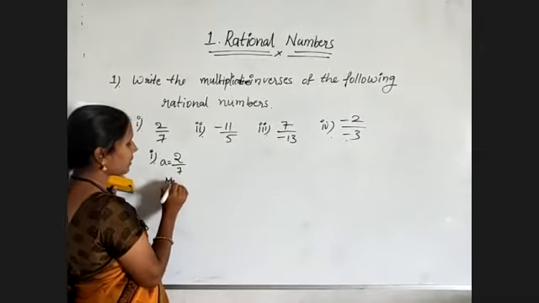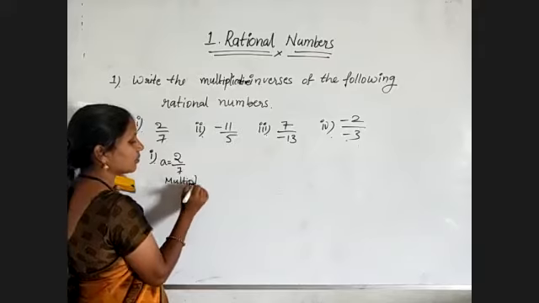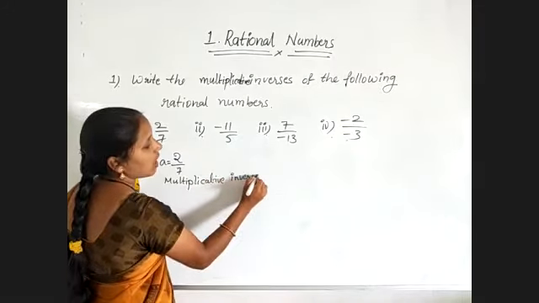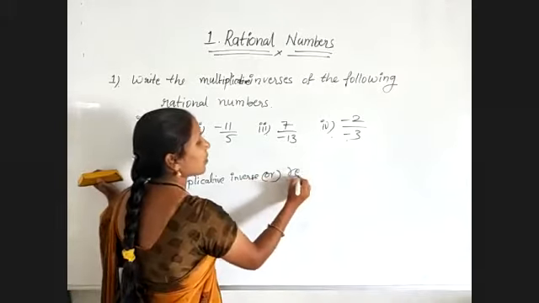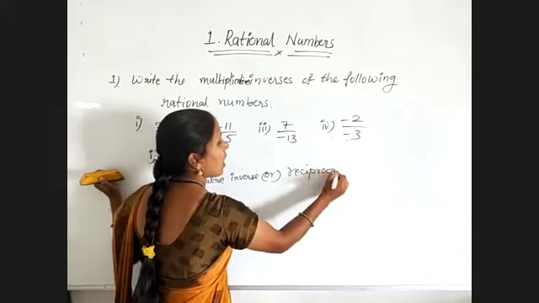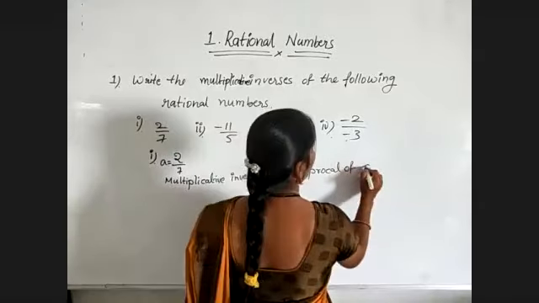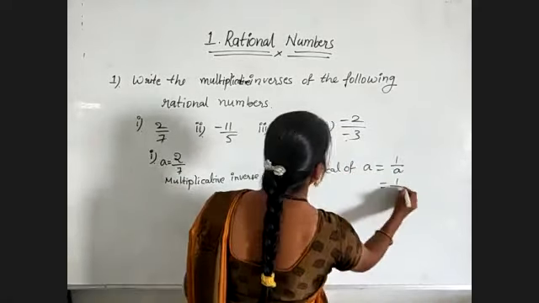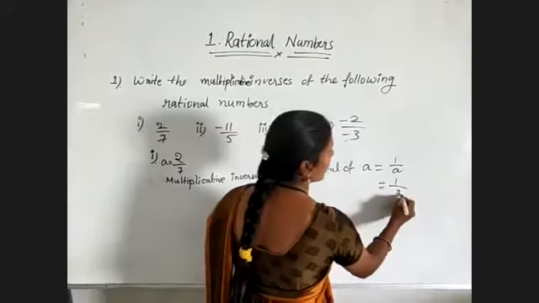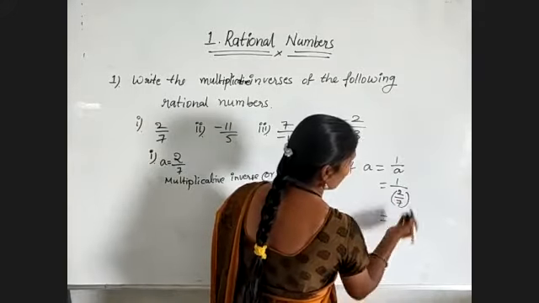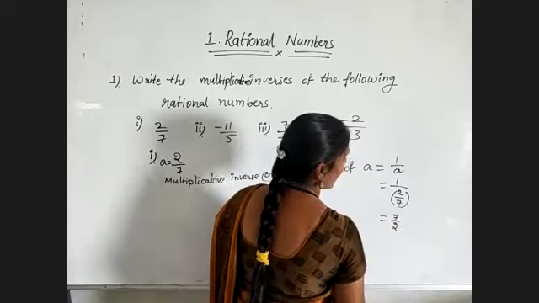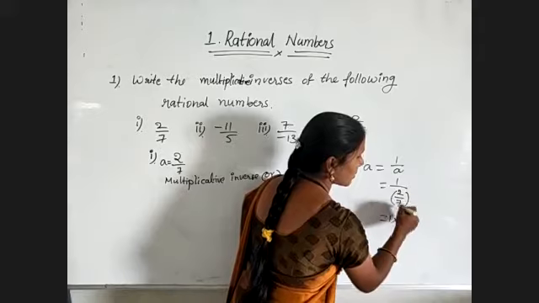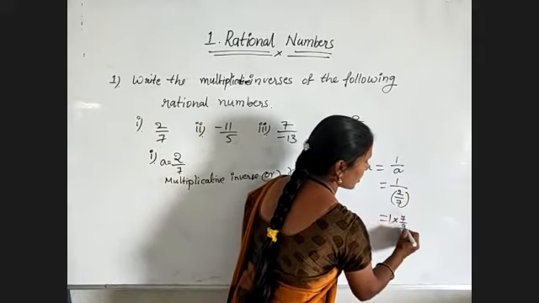Now, multiplicative inverse or reciprocal of A is equal to 1 by A. That is 1 by A, where we have taken A as 2 by 7. 1 by 2 by 7, that is nothing but 7 by 2. 1 into this reciprocal value we have to take 7 by 2, because it is in division.